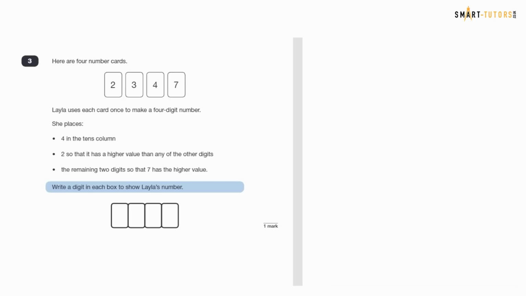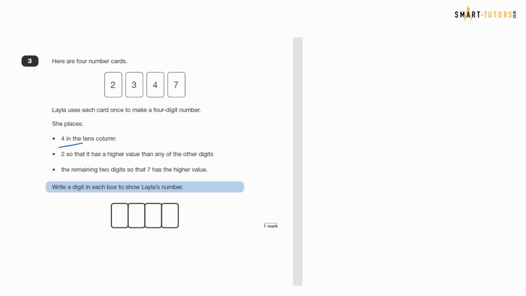Question number 3. Here are 4 number cards: 2, 3, 4, 7. Laila uses each card once to make a 4-digit number. 4 in the tens column, and 2 so that it has a higher value than any other digit.